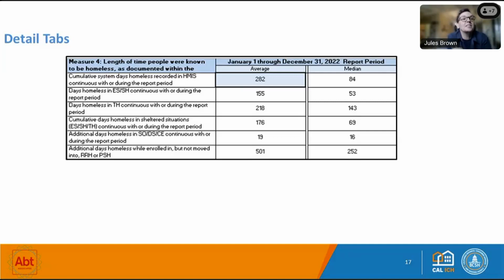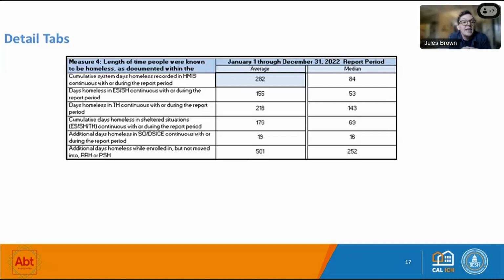So if a person, for example, was enrolled in emergency shelter at the same time they were in street outreach, well, that's very likely to happen. That happens often. People are out on the streets during the day, sleeping in shelters at night, but we only show them as having that day as being in shelter.